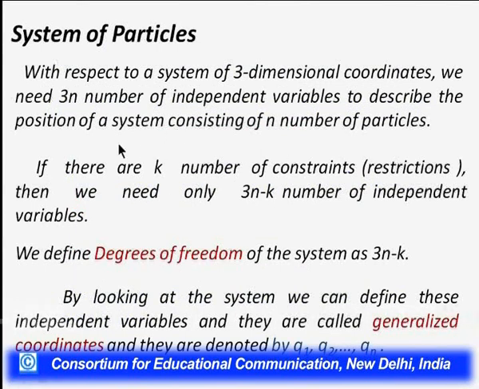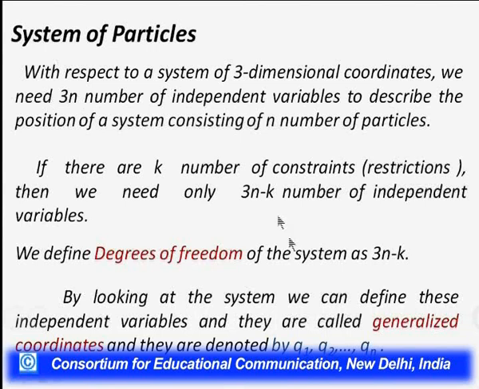If we consider a system and the position of a particle, we define it by three-dimensional coordinates. Then we need 3n independent variables to define the position of a system consisting of n particles. That's why I define it as 3n.